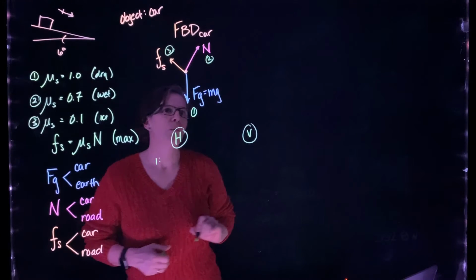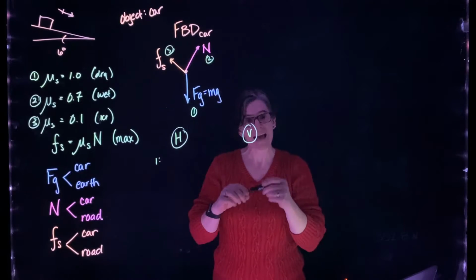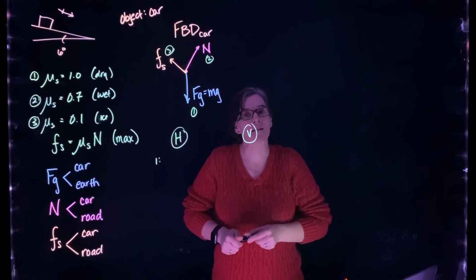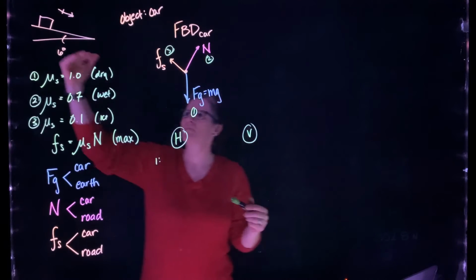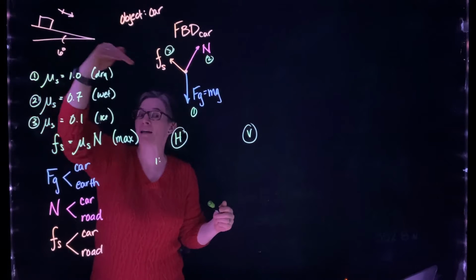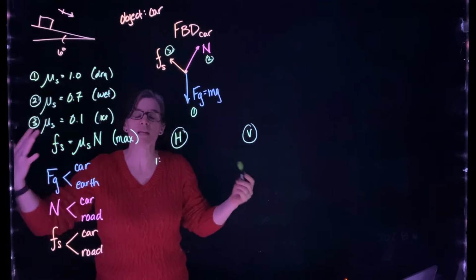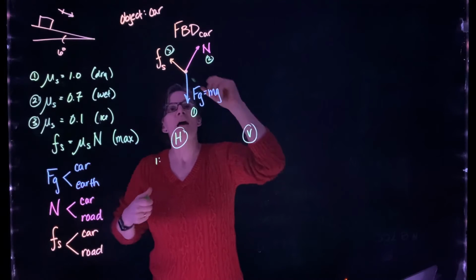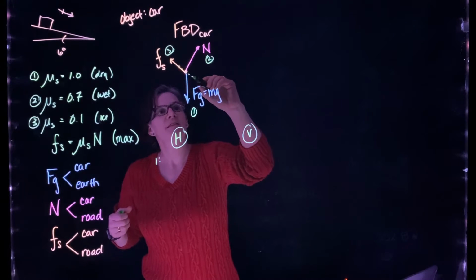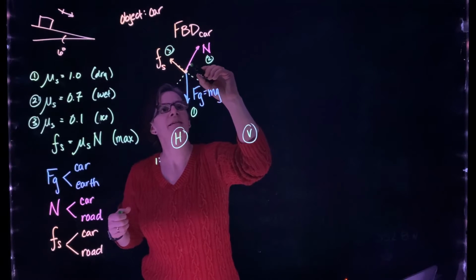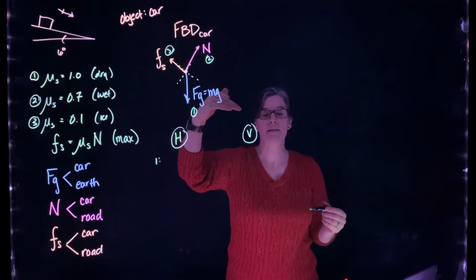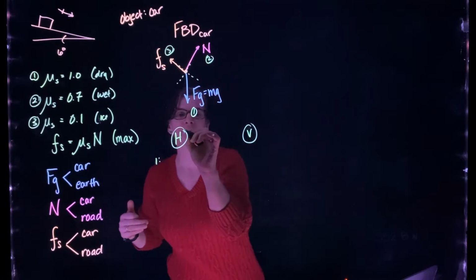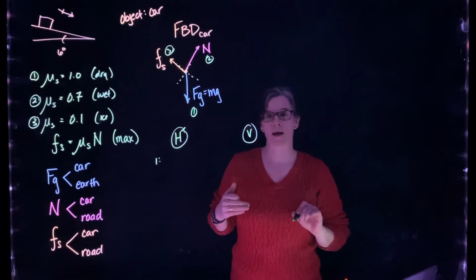Now, we want to look at the components in a single dimension. Why? Well, if we rotate our coordinate system, then the motion and the change in motion is along the ramp, horizontally, what I'm going to call horizontal prime.